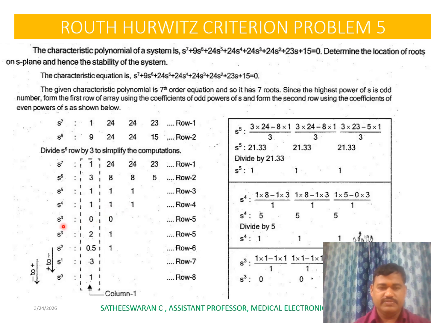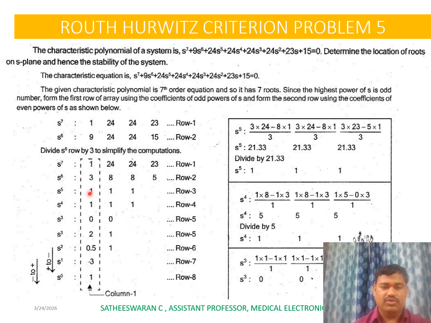Now we have to compute s power 3. 1 into 1 minus 1 into 1 divided by 1, value 0. 1 into 1 minus 1 into 1 by 1, value 0. If all the elements of any row are 0, we have to consider the auxiliary equation A equal to s power 4 plus s square plus 1 equal to 0.